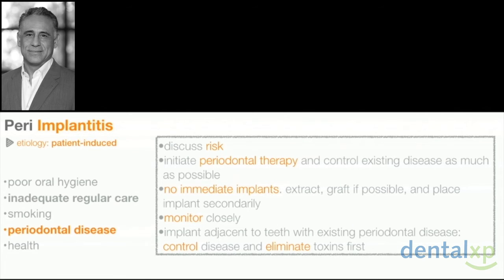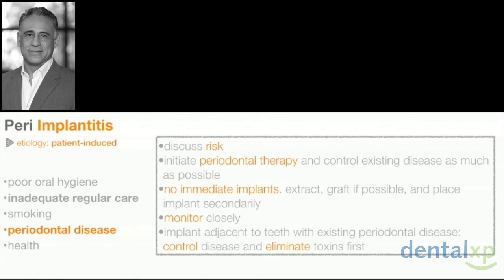The next patient-induced etiology for peri-implantitis is existing periodontal disease. Again, smoking and periodontal disease are the two major factors. And I think similarly it's important to discuss the risk with patients, initiate periodontal therapy, and control the existing disease as much as possible.